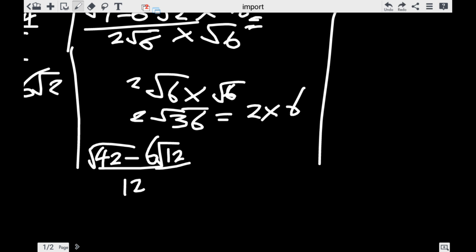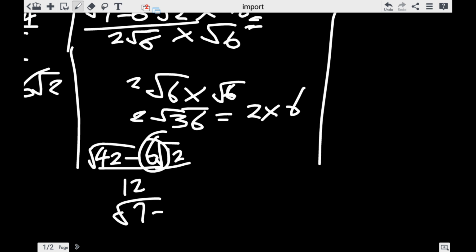No, but 6 can divide 42 and 6 can divide 12. So we can divide by 6. 6 that are in 42 is 7, minus 6.